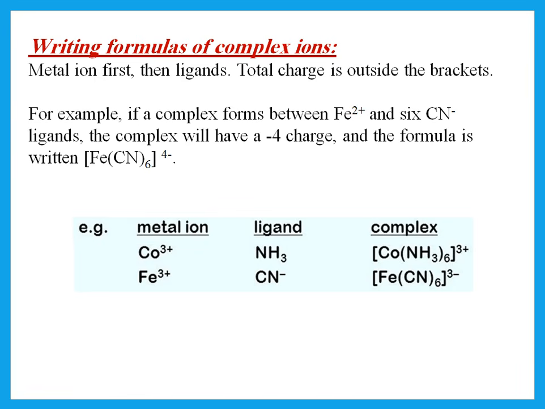Also, I have cobalt 3+, for example, with 6 ammonia. We said each of the ammonia does not have any charge, so the overall complex has a charge of 3+, and that's how we write it. If we start with iron 3+ and I have 6 cyanides, each of the cyanides has a negative, so +3 minus 6, I have an overall of 3 minus, and this is how we write the complex.